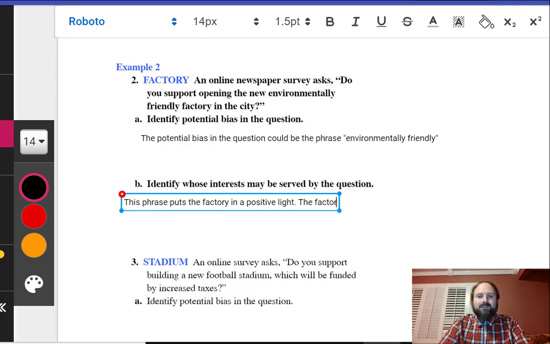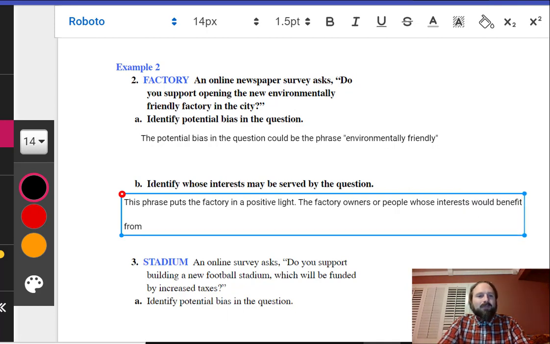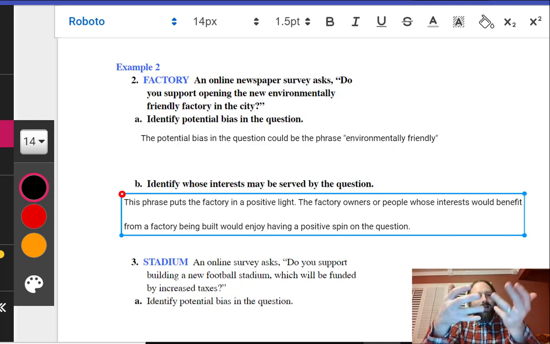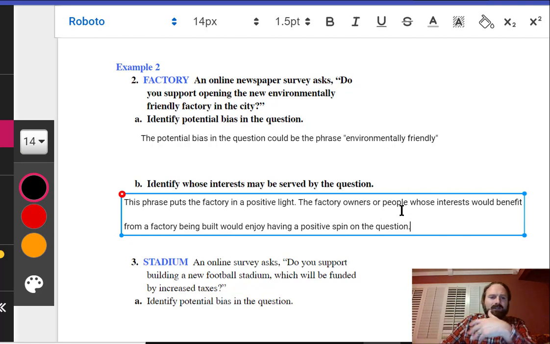The factory owners or people whose interests would benefit from a factory being built would enjoy having a positive spin on the question. So there are many ways you can make something positive, and there are many ways you can make things negative in a question, and that gives a bias in the question. So let's go on to this 3.